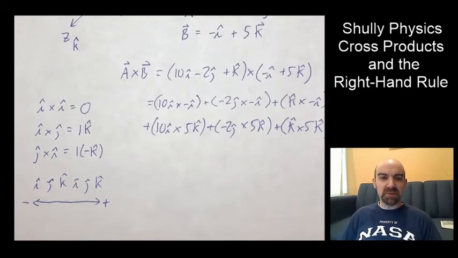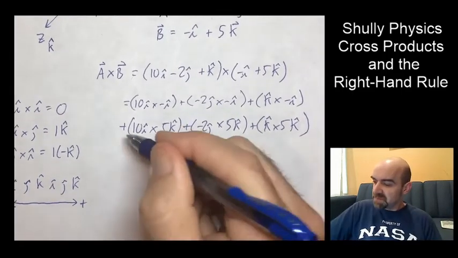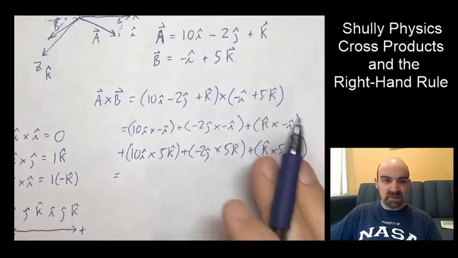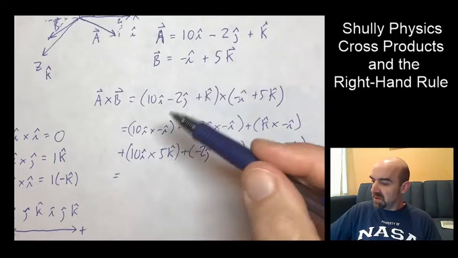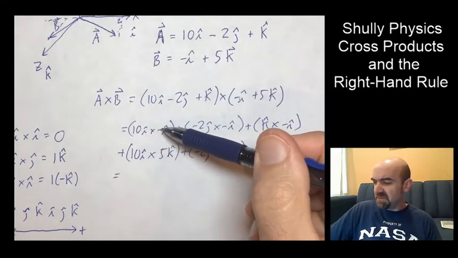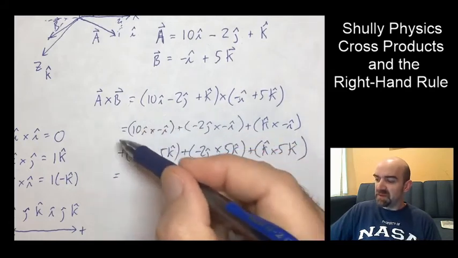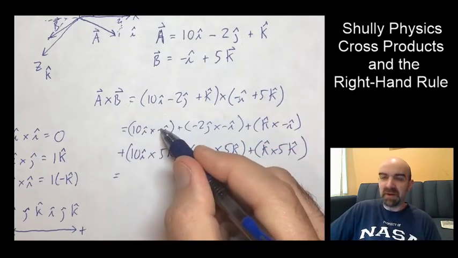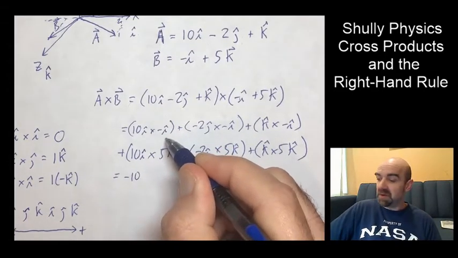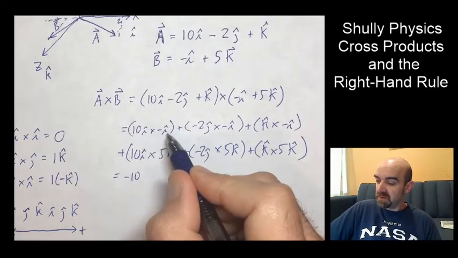So with that tool, it makes this a little bit easier. If we're to continue this problem here, what is A cross B? The way I conceptually look at this is I'm going to multiply the coefficients first. So 10 times a negative 1 is a negative 10. Then I'm going to take the unit vector cross product.